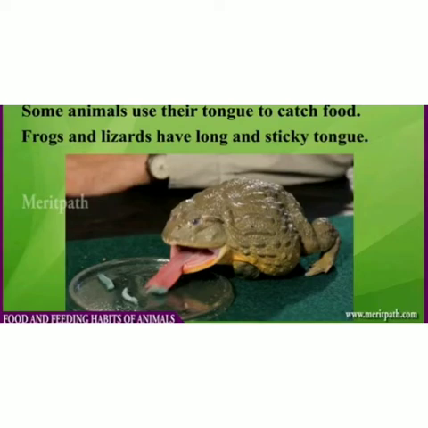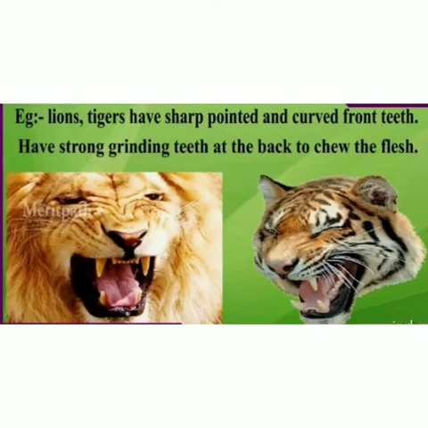Some animals like frogs and lizards have a long and sticky tongue to catch the food. In your home, you might have seen the lizard, how it catches the flying insect. Then these wild animals, the carnivorous lion and tiger, have sharp, pointed and curved front teeth, and strong grinding teeth at the back to chew the flesh.